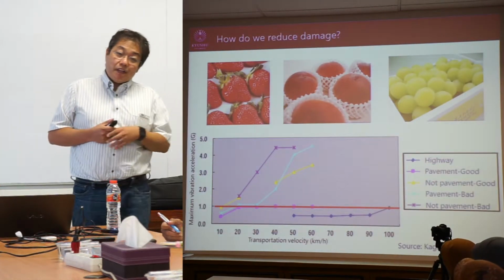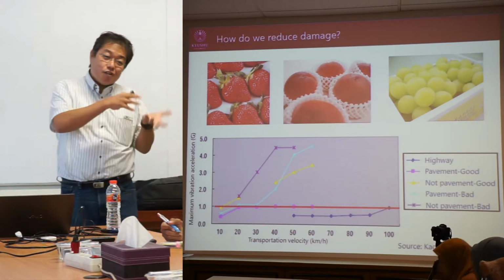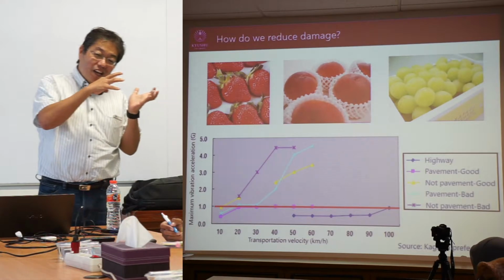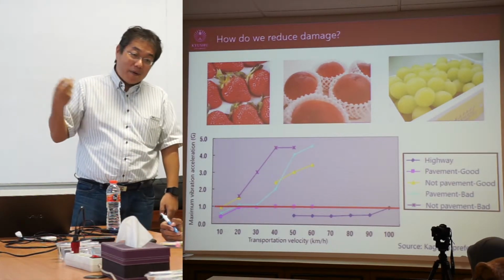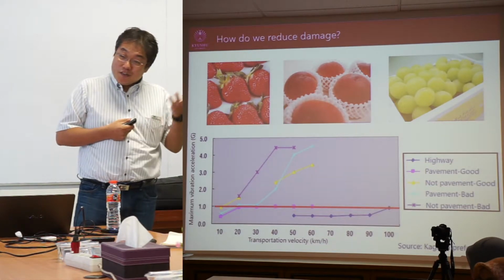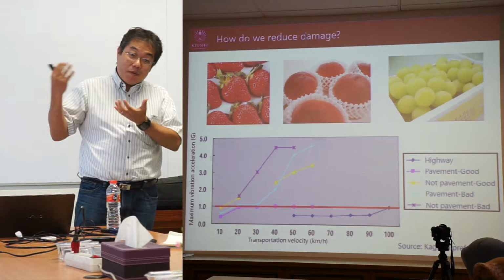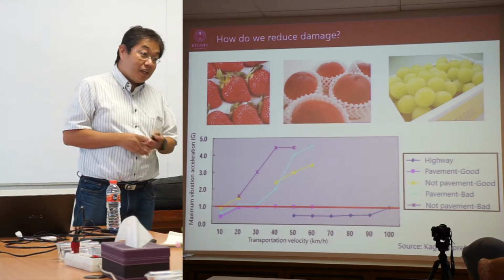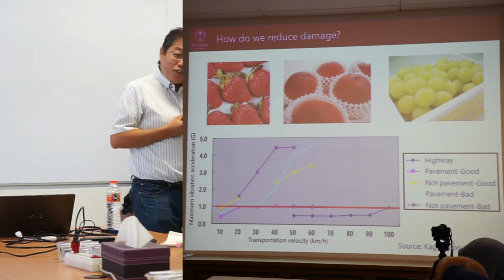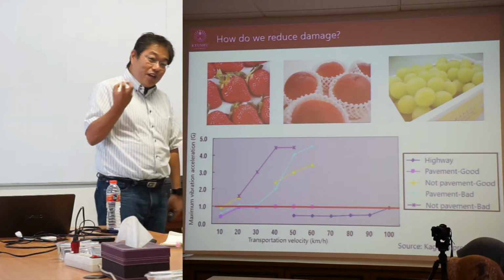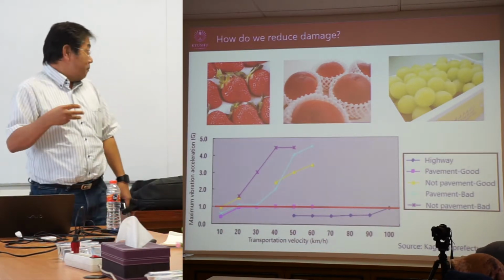So we change the material function or material constitutive model from soil or metal to biomaterial. Then we can consider what kind of damage occurs to fruits and vegetables due to vibration during transportation. I think this part is also interesting. I want to make a model for fruits, a model for tomato, or a model for strawberry.